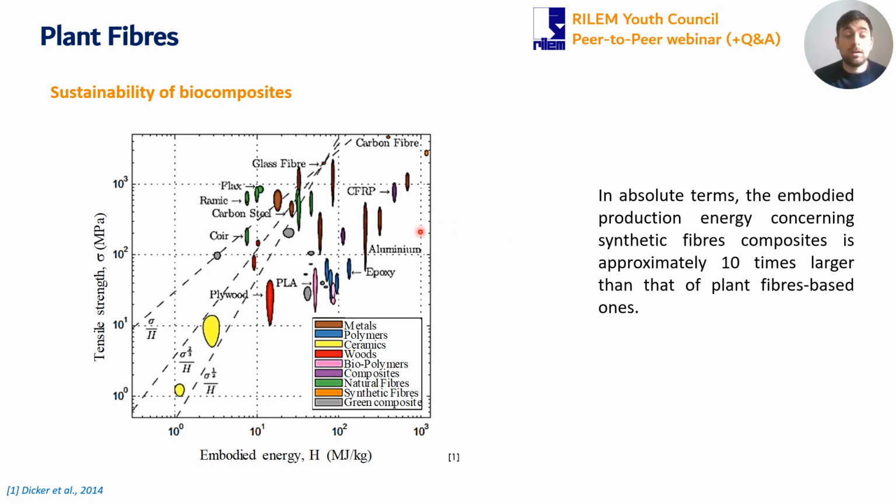If we compare this kind of material with similar materials with industrial fibers such as glass fiber or carbon fiber, we can see that they do have a slightly lower strength, but we gain a lot in terms of embodied energy. That means that to produce this class of green composites, we need much less energy. We have a much lower carbon footprint with respect to more industrial materials. This is the reason why the interest in these materials is always increasing, to respond to the sustainability requirements that we have more and more these days.